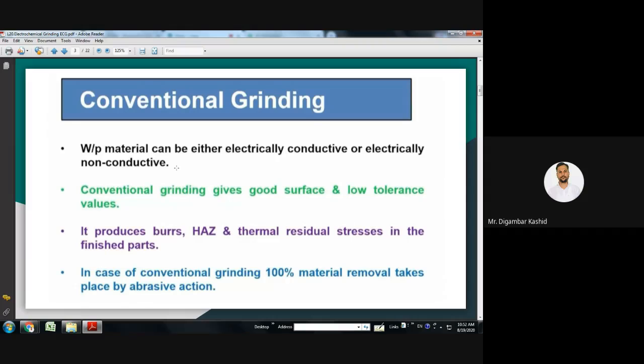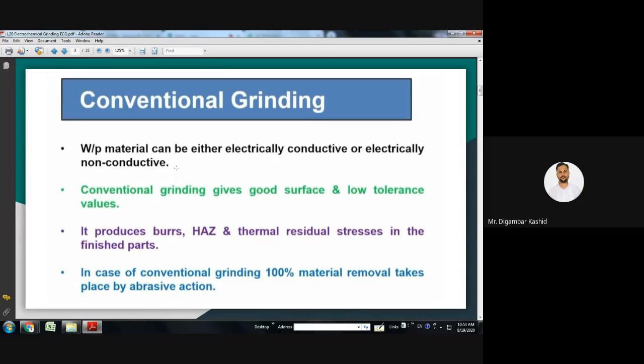Another disadvantage of this process is that thermal residual traces will be generated on your workpiece surface. So in conventional grinding, material removal takes place only due to abrasive action. Please remember, abrasive action is the material removal action for conventional grinding.